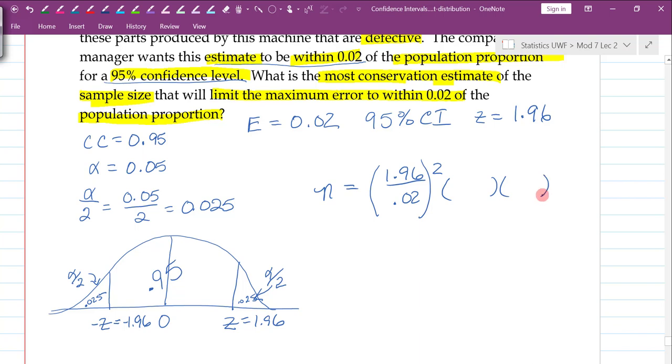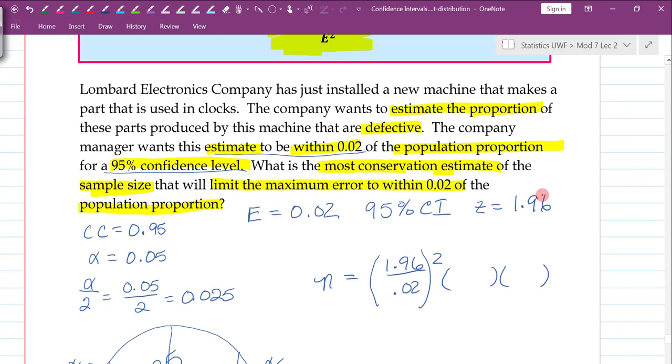We haven't discussed what our p and our q are, right? We've got to mind our p's and q's. When we look through this whole problem right here, you're going to notice that nowhere did it give us even an estimate for what the proportion of defective parts is. We have no idea. It doesn't tell us.